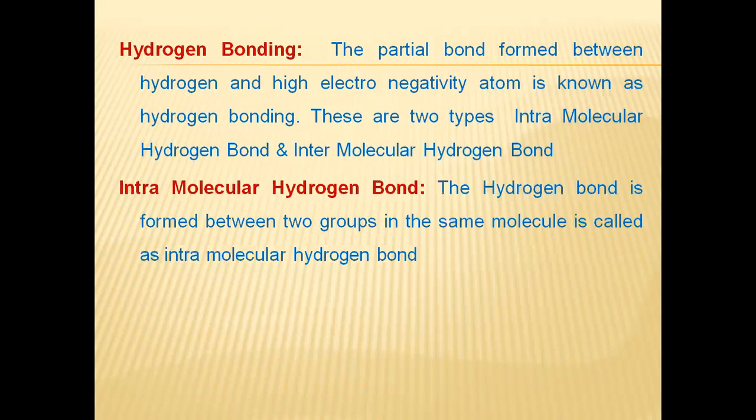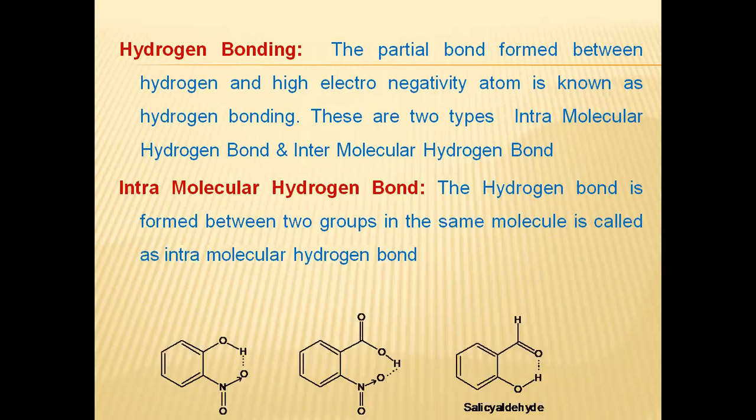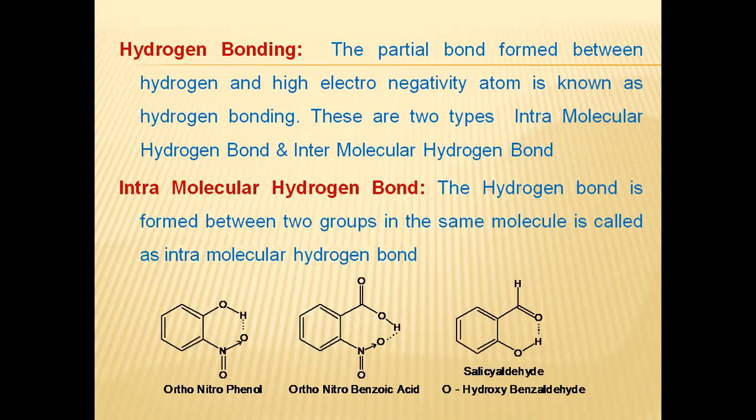Intra means the hydrogen bond is formed between two groups in the same molecule. If the hydrogen bond is formed between two groups in the same molecule, it is called intramolecular hydrogen bond.